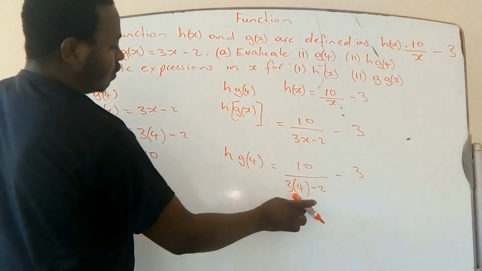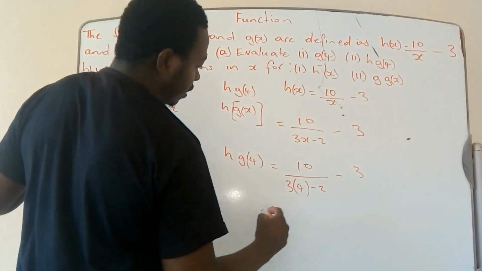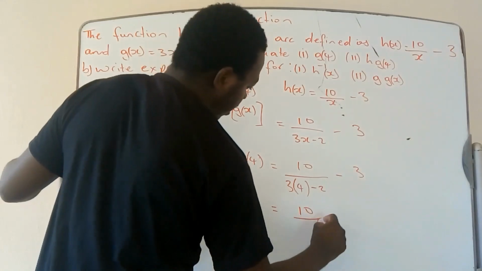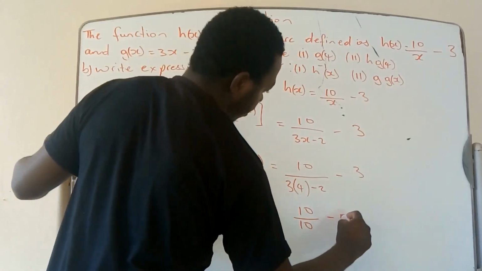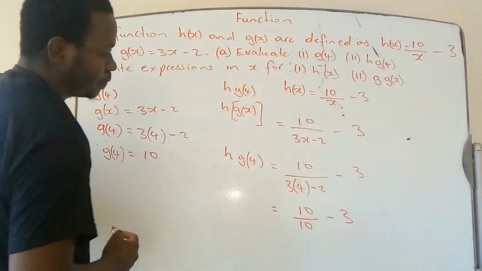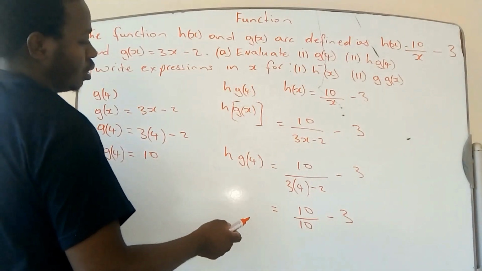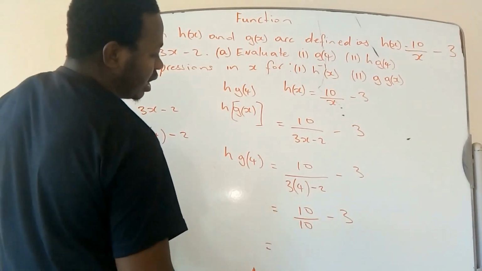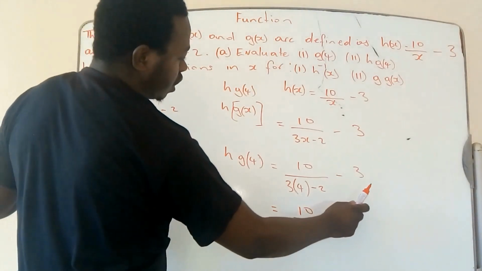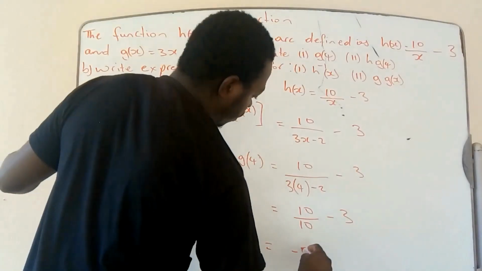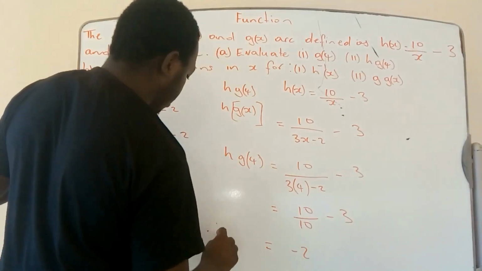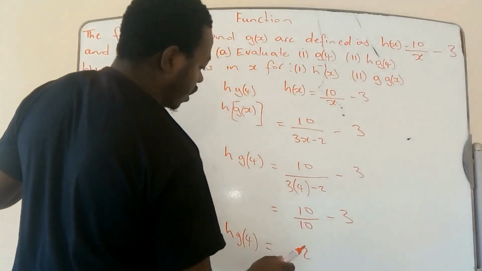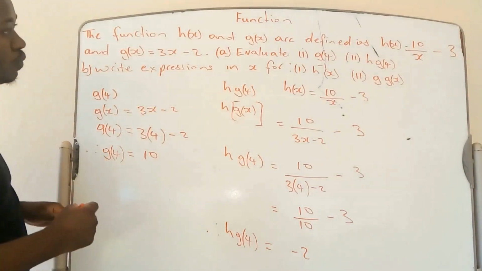So this is now 10 divided by 10 minus 3. Ten divided by 10 is 1, minus 3, that is minus 2. So therefore, h of g of 4 is equal to negative 2.